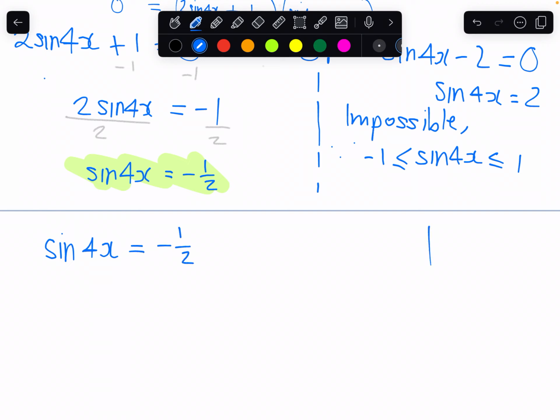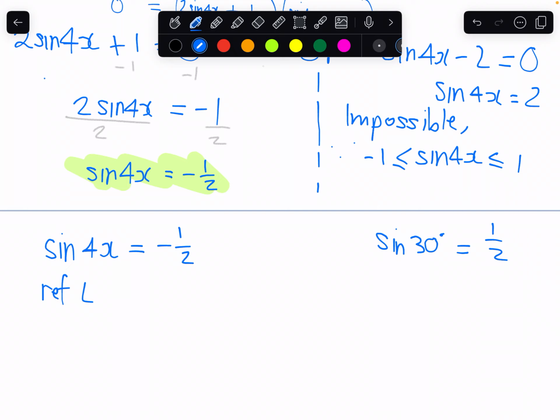Okay, so if we know our special angles well, that wasn't necessary. If we know our special angles well, we know that sine of 30 degrees is equal to a half. Or if we don't know our special angles too well, we will start by finding the ref angle, right? Which positive acute angle has a sine ratio of a half?